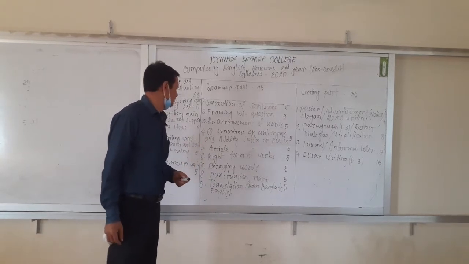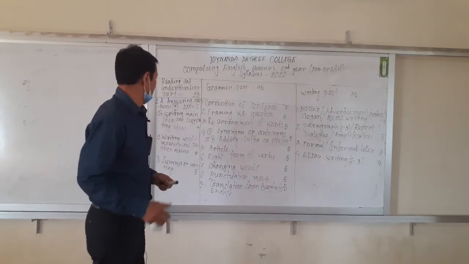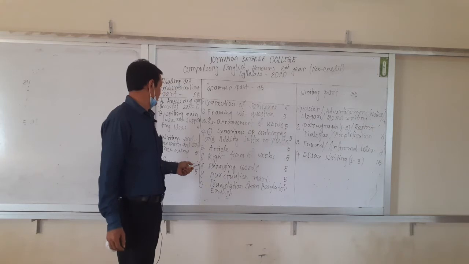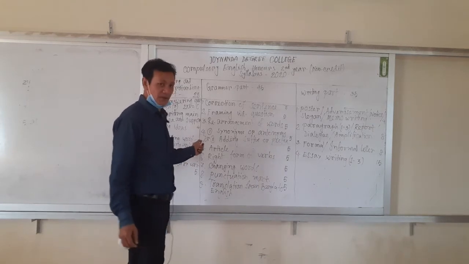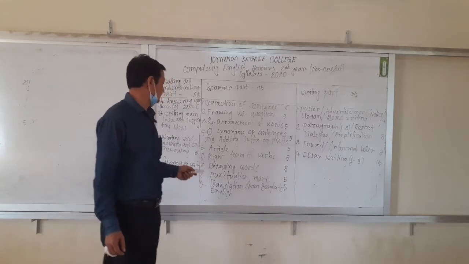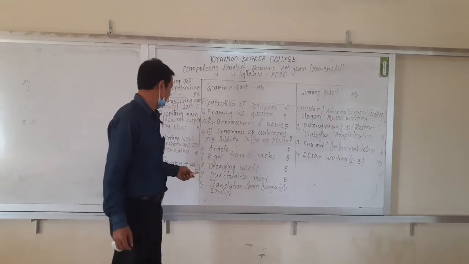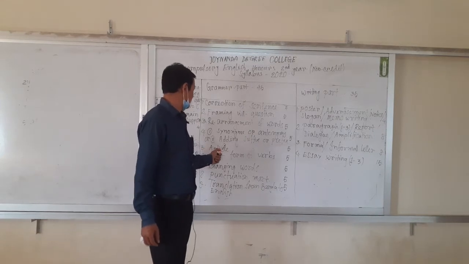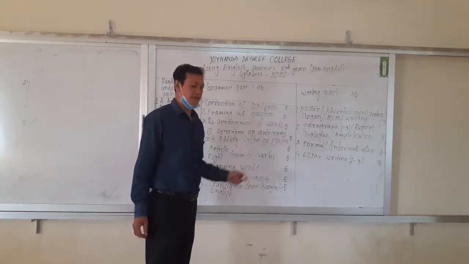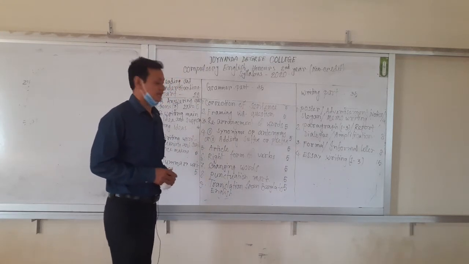Number 4, synonyms and antonyms. In question number 4, there will be 2 options. You have to write synonyms or antonyms, or you have to add suffix or prefix to make new words.